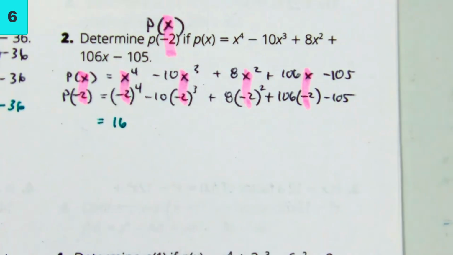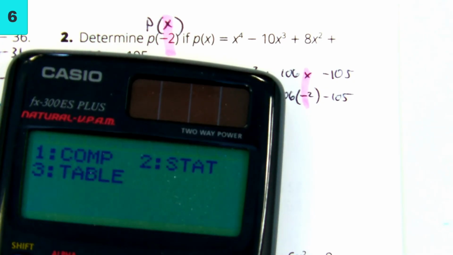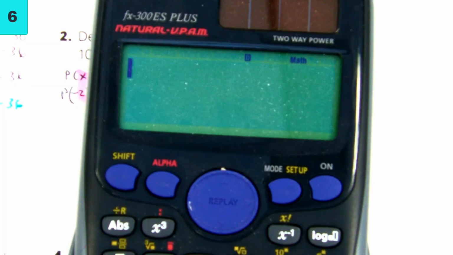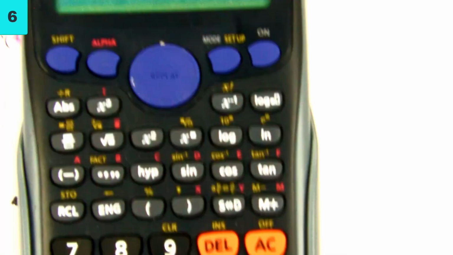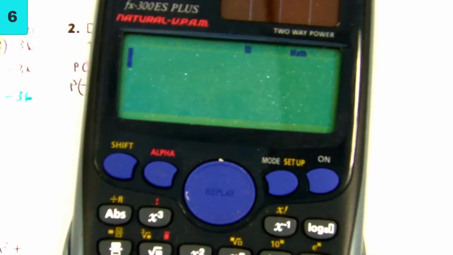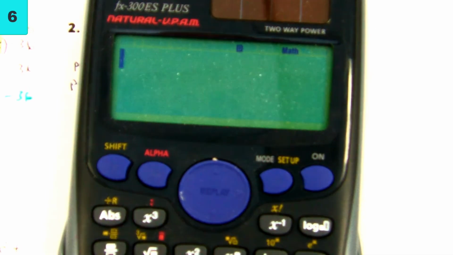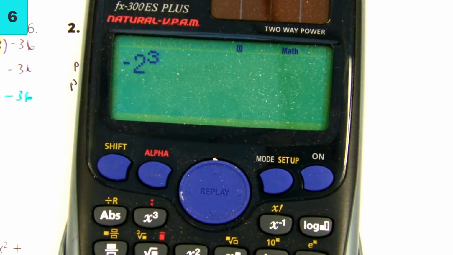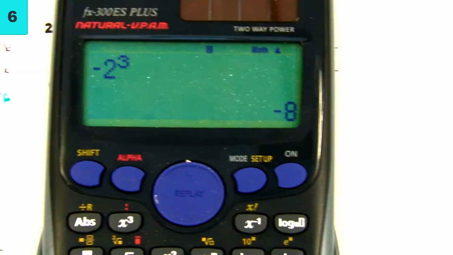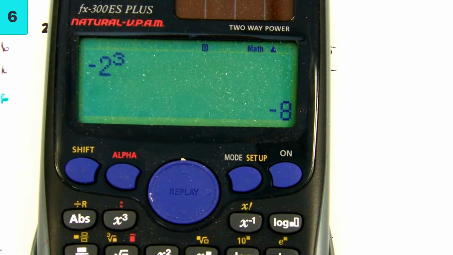It's amazing, this thing tells you, huh? Yeah. Here is a mistake you can put into your calculator. The mistake would be this: -2 to the 3rd power. This one will read -8. Let me explain why this one is wrong.